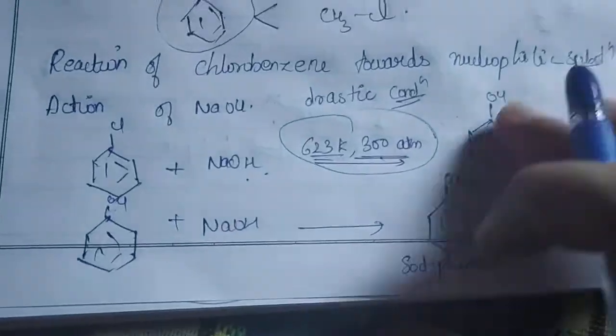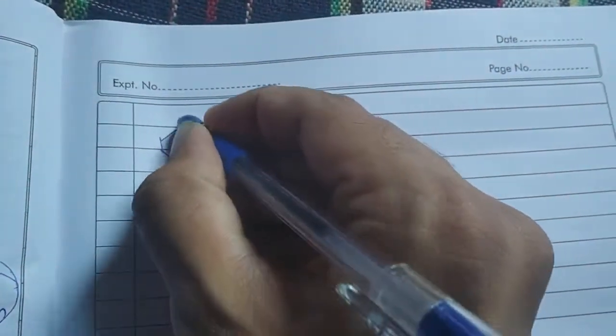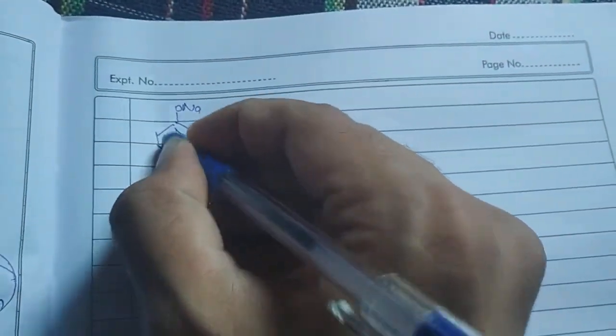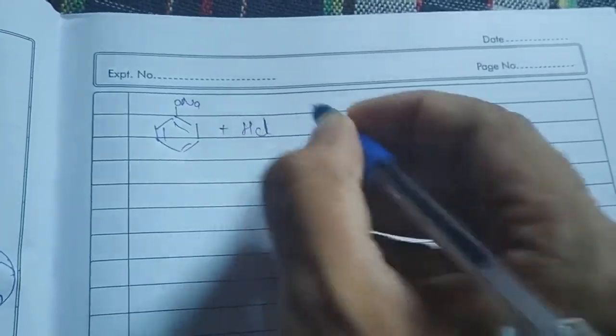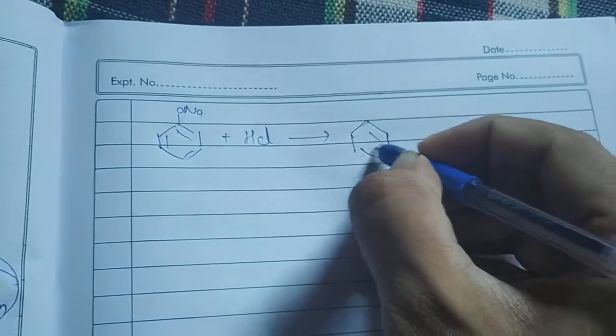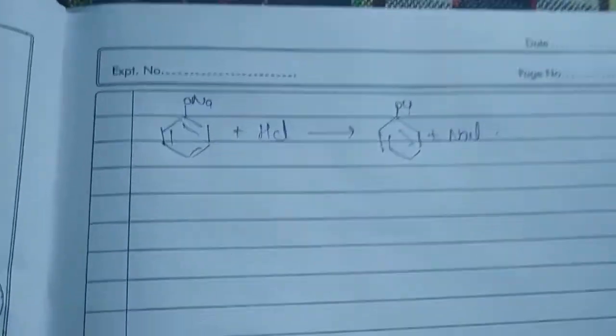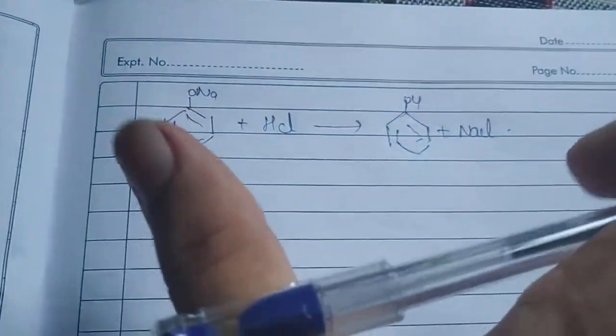Then we treat that formed sodium phenate with HCl, and then you get your phenol plus NaCl. So this is actually what is happening.